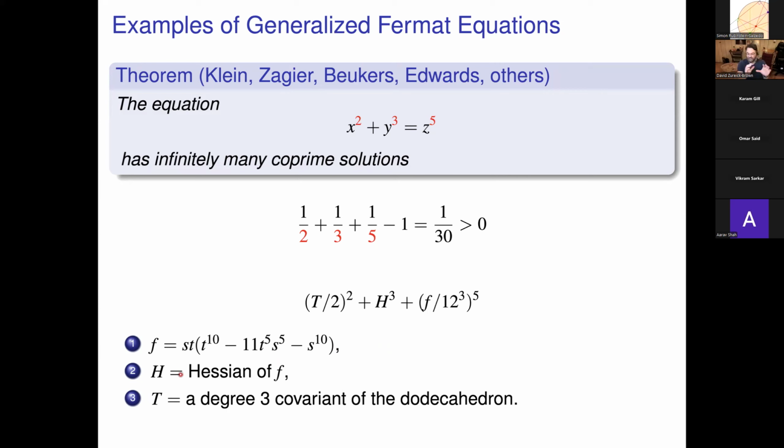So this is the thing in multivariable calculus where you take the matrix of mixed partial derivatives, dx dy, dx dx, etc., in s and t, and its determinant. So that'll be a polynomial of degree, let me get this right, degree 20. And then T is some other similar thing related to the dodecahedron, where you take a bunch of derivatives.